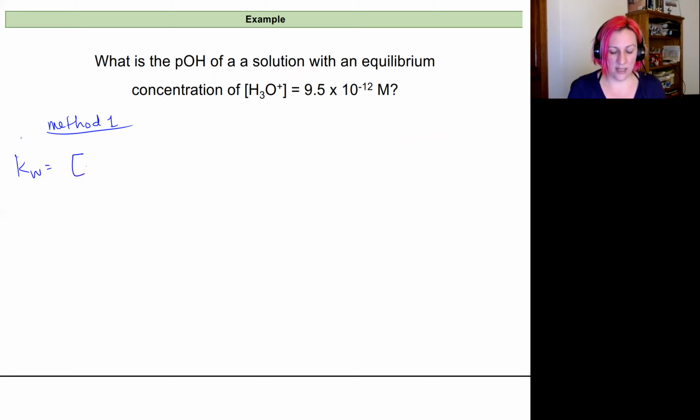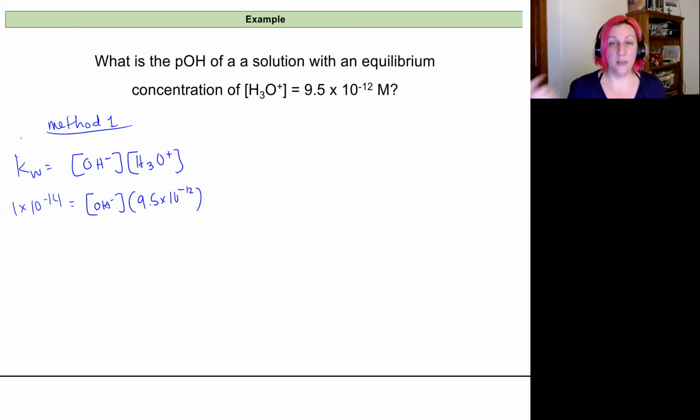KW is going to be equal to the concentration of hydroxide ion times hydronium ion. So 1 times 10 to the negative 14th is going to be equal to the hydroxide ion times my 9.5 times 10 to the negative 12th molar. I'm going to solve for my hydroxide ion concentration.